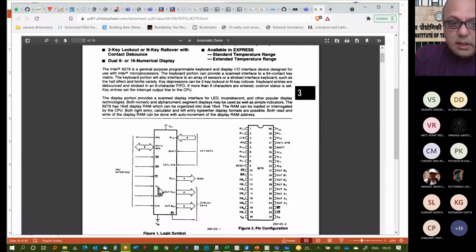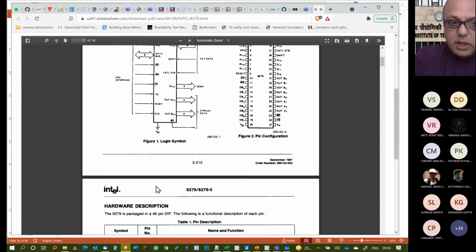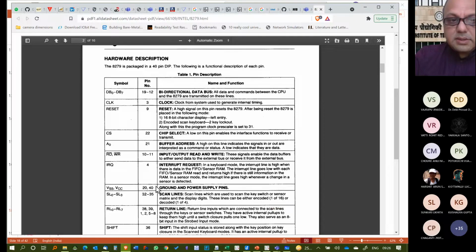And then A0. Oh, A0 sounds like an address pin. Is it an address pin? For that, you have to go down a little bit and read the table which describes the 8279. For instance, the A0 is explained as pin number 21. A high on this line indicates the signal in is to be interpreted as a command or a status, and a low indicates that they are data.